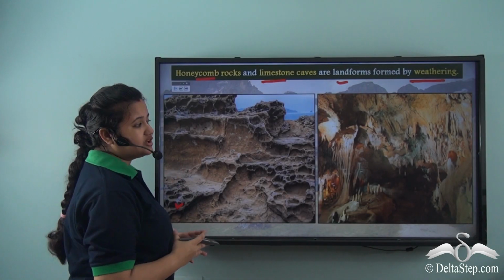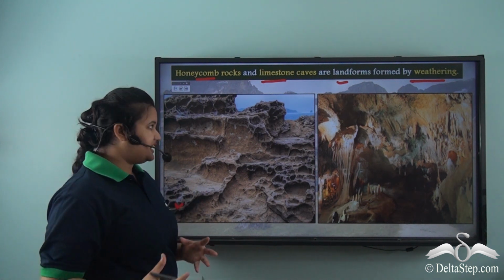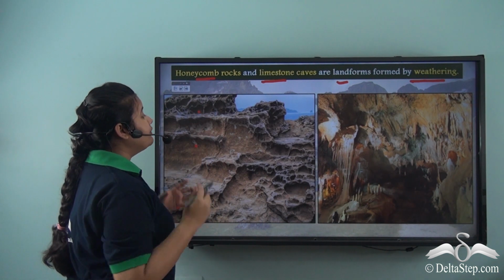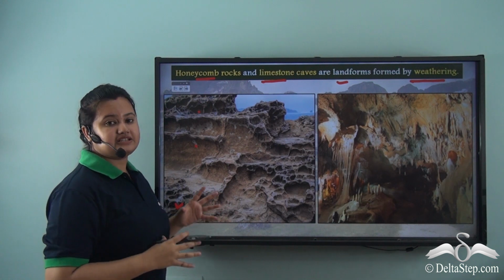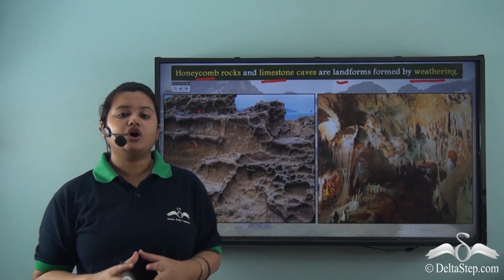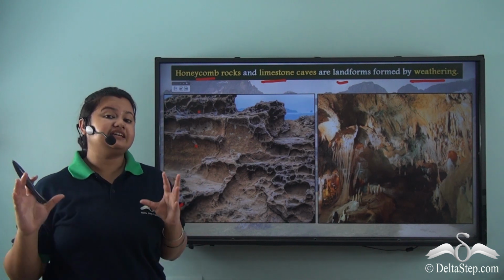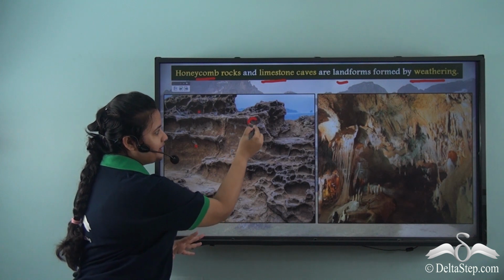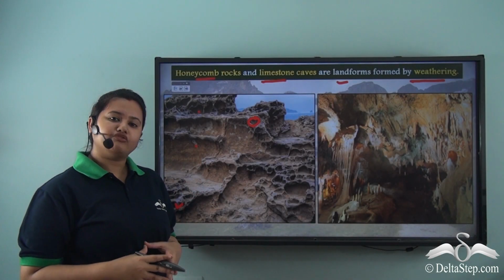Now, these rocks are very soft and porous and therefore the sea water or salt water percolates or moves into the cracks or holes present in these rocks. Now, when the salt water evaporates, salt crystals are left behind. These crystals grow in size and the holes become bigger, and this is how honeycomb rocks are formed.